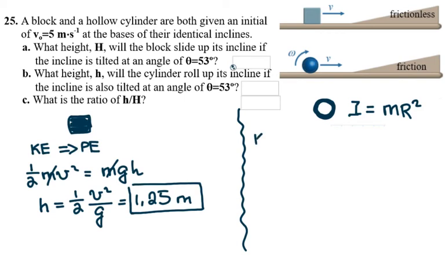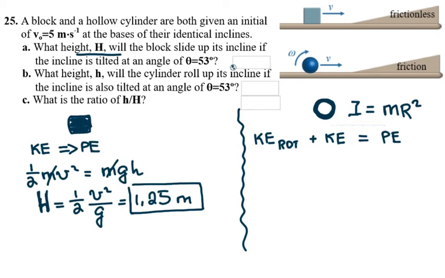So it will have rotational kinetic energy and the forward energy. So I have kinetic energy rotational plus kinetic energy of the motion, and all of it is going to go to potential energy. So the cylinder has more energy to start with because it rotates and it moves forward. So the height it reaches should be higher than the one for the block. And for the block, they said to use the capital H for the height.